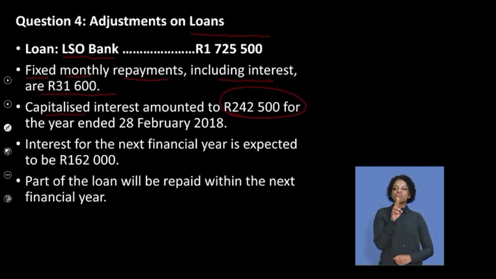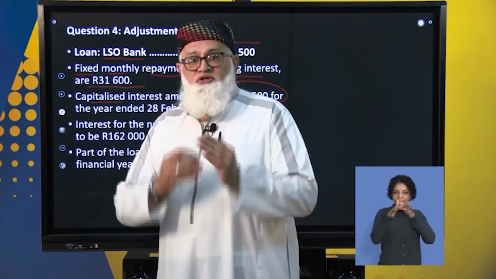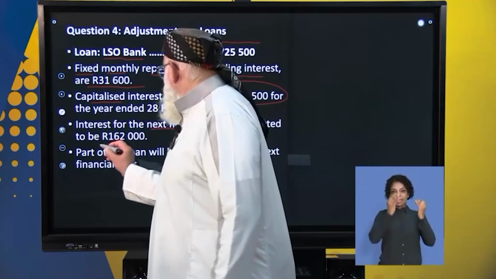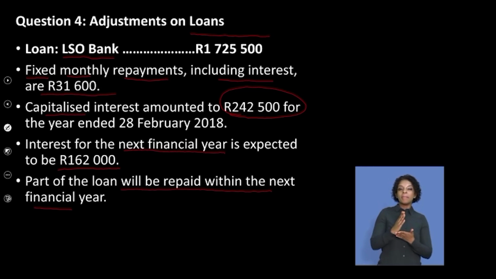Watch what I'm doing, people. I'm highlighting important information because it's going to impact on my calculation. Right? Then I'm told that interest for the next financial year, next year's interest is expected to be 162,000. Okay? And we are also told that part of the loan will be repaid within the next financial year.